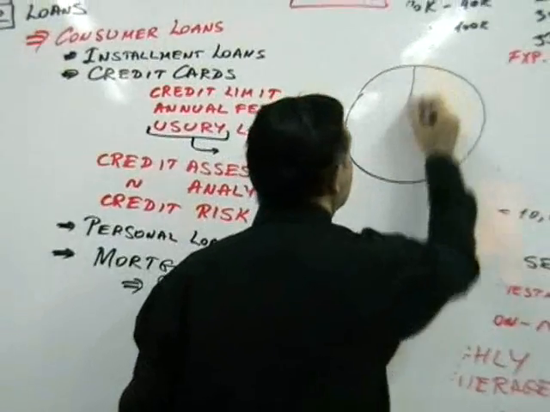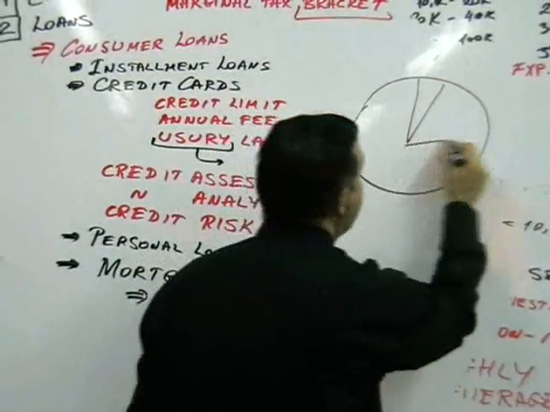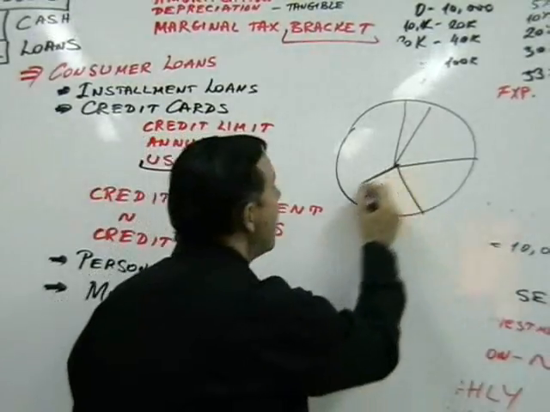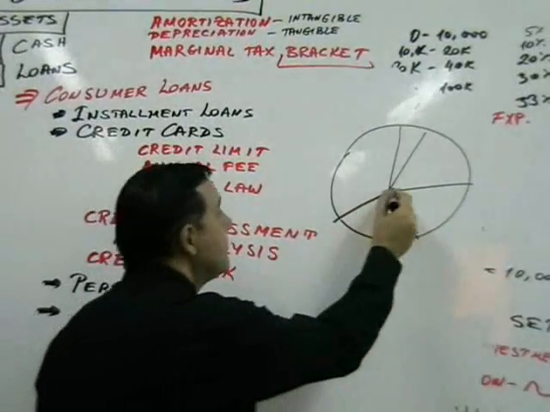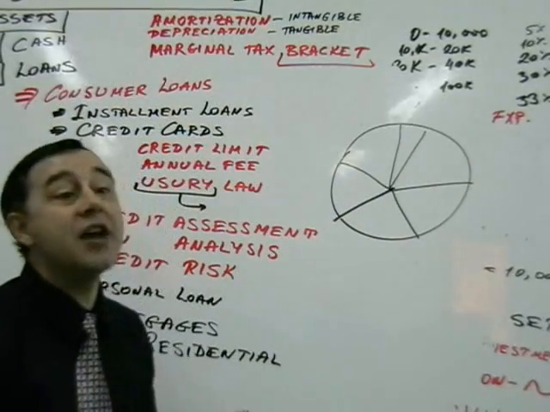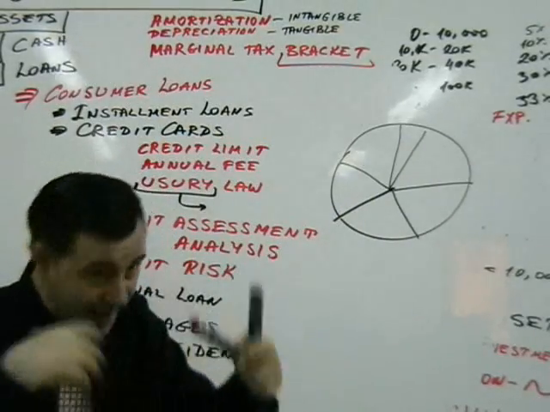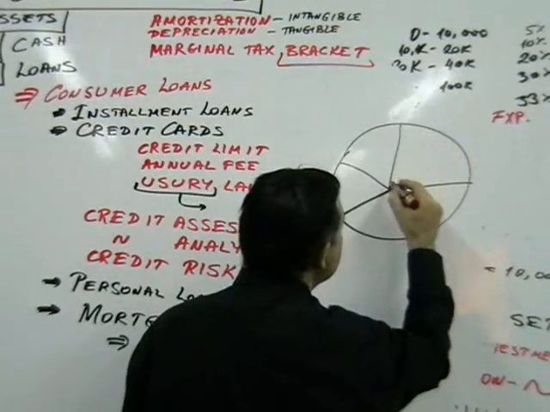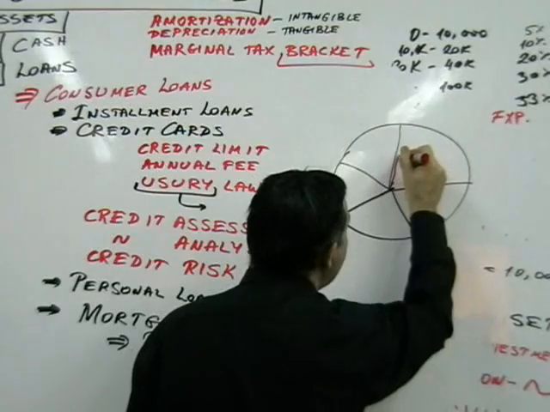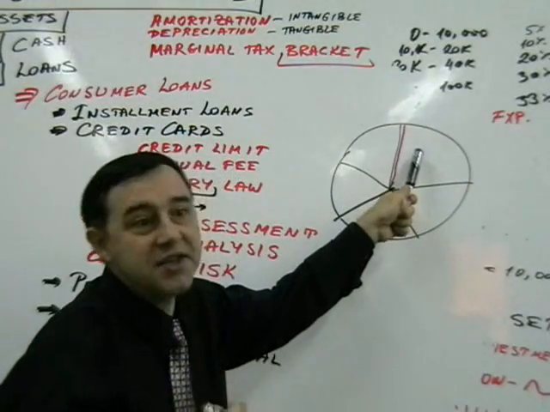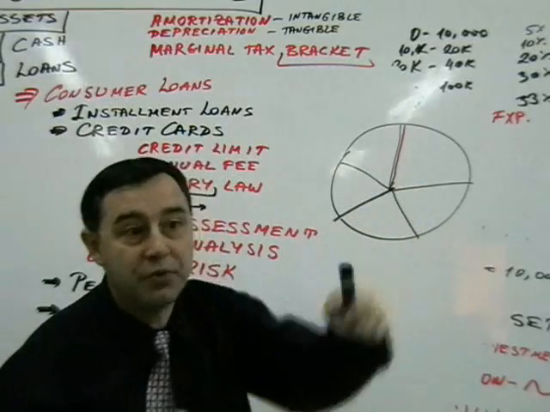You're going to have a little bit of personal, mortgages, consumer loans, corporate loans, and some other loans. Well, in Saudi Arabia, for whatever reason, you will shrink the consumer loan to a minimum, and you're going to have a bigger slice of the pie in corporate.